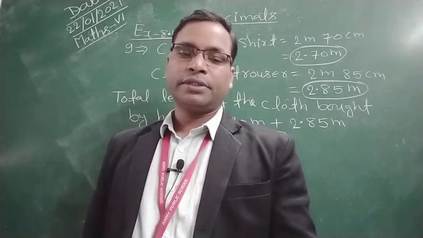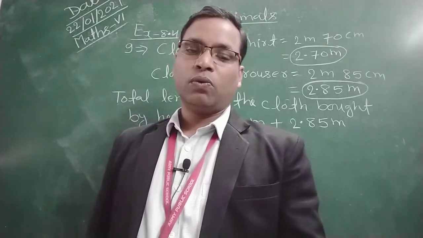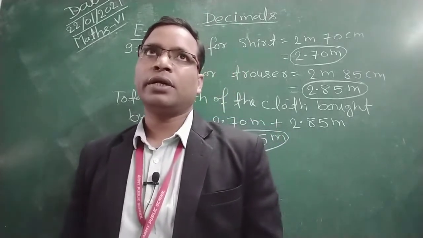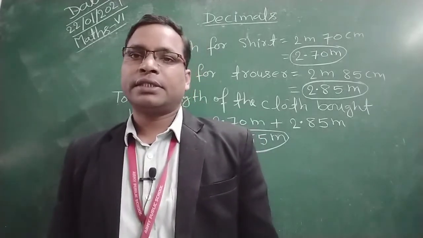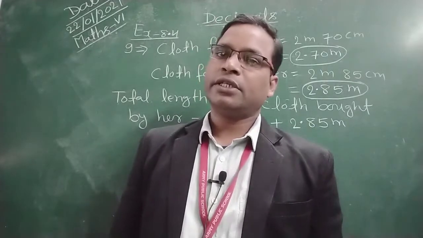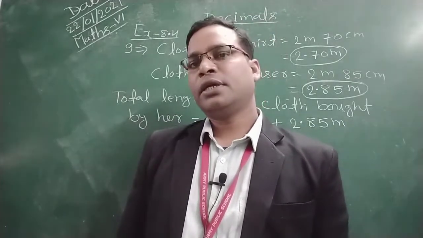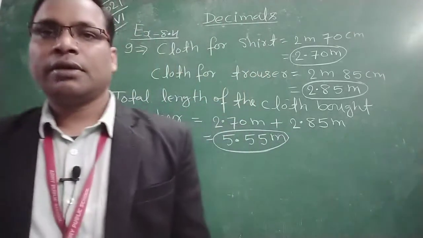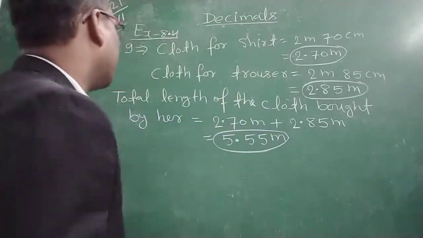How much distance did he walk in all? So how do you find it? If you add the distance covered by Naresh in the morning and the distance covered in the evening, then we get the total distance covered by Naresh. So let's see. First we erase them, after this we solve it.